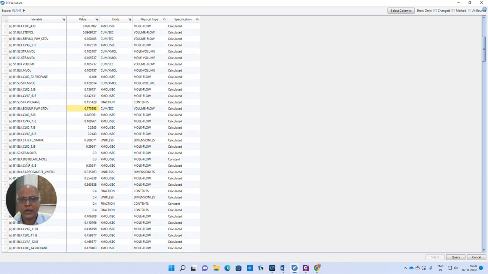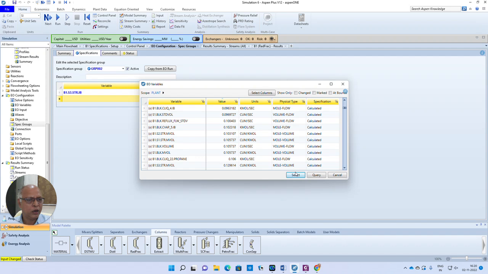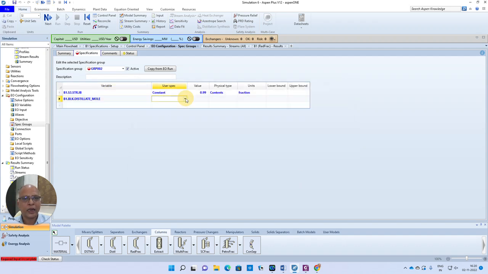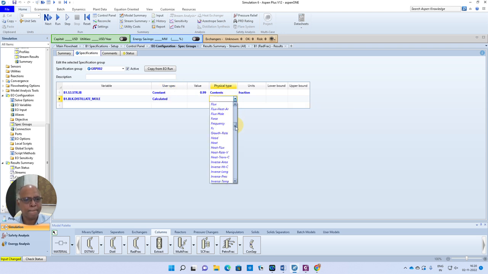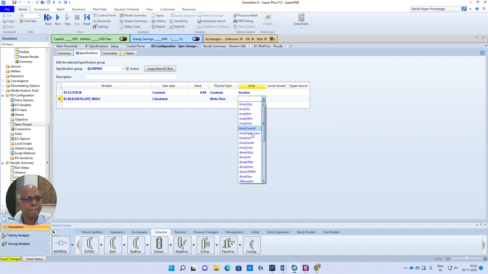Yeah, you can see the distillate rate, kilomoles per second, has been initially taken as 0.3. Now I would like to select this variable and calculate this value required to obtain this purity. Again, this is the flow rate, mole flow. Units kilomoles per second.